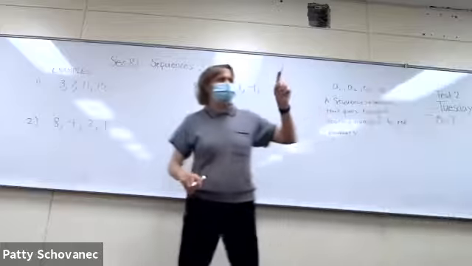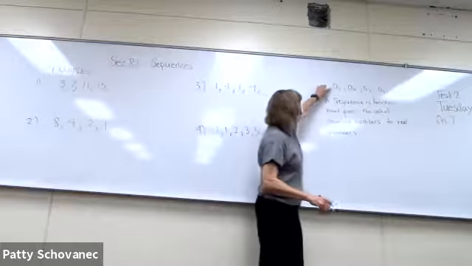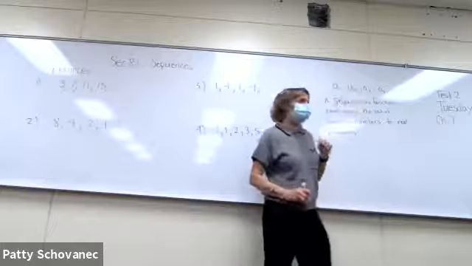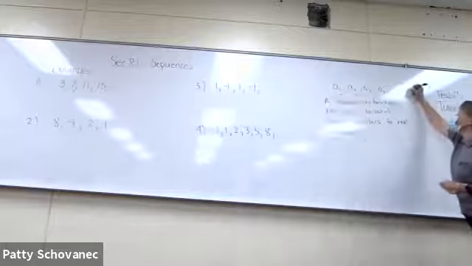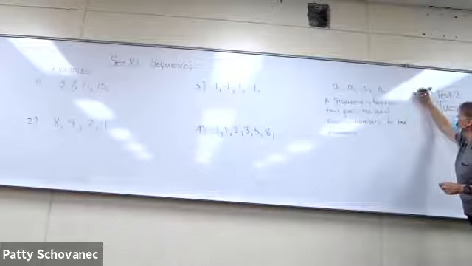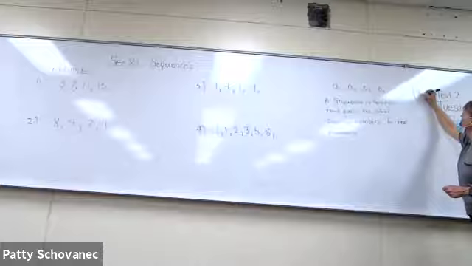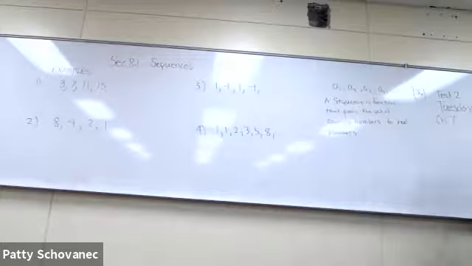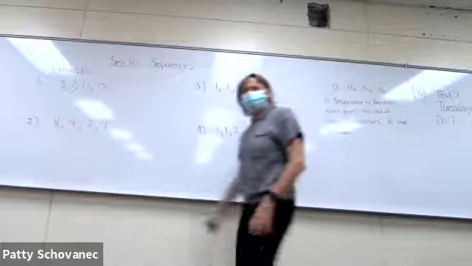So when the input is 1, the output is A1. The input is a 2, the output is A2. We denote the sequence by putting a general formula in here that describes what each of those look like. And we put them in the cute little brackets to let you know we're talking about a sequence.